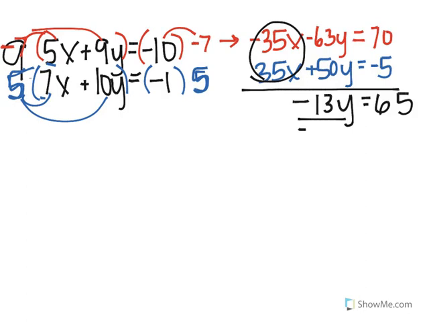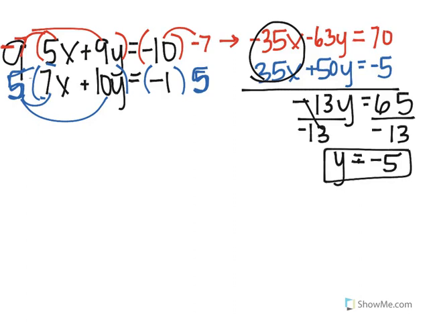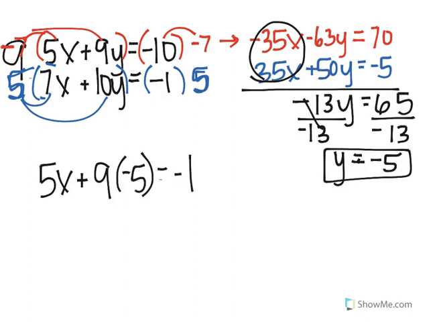So on both sides I'll divide by -13, and y ends up giving me -5. So if I have y equals -5, then I just choose one of my equations to plug that y into. I'm going to go ahead and plug it into the first one. So 9 times -5 equals -45.